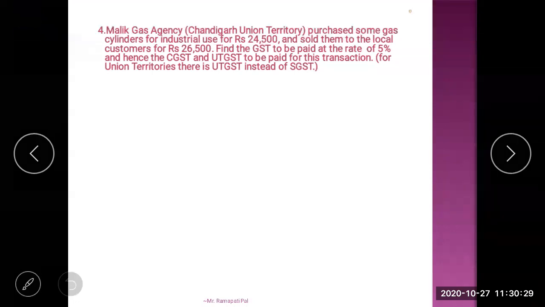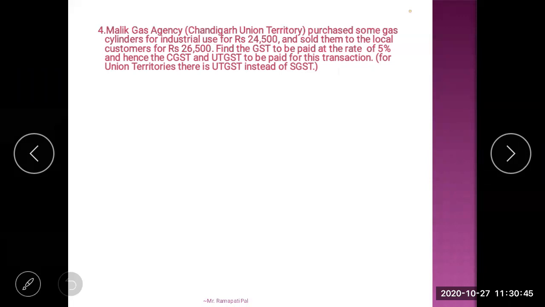Very good. Suppose any amount, X amount we got for GST, correct? Yes, sir. Suppose X amount got. Now we want to find CGST, correct? Yes, sir. CGST is equal to UTGST, correct?